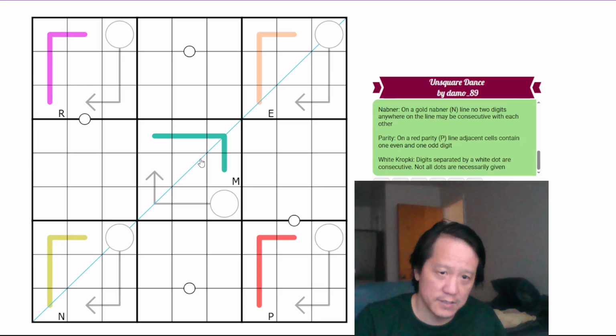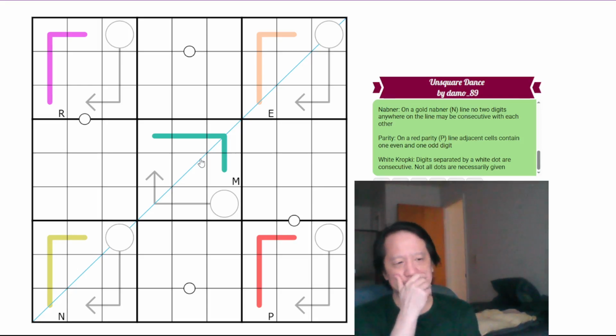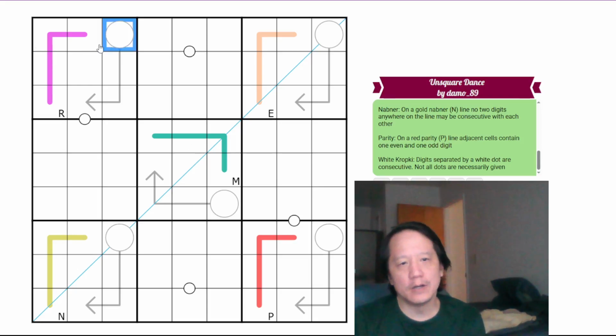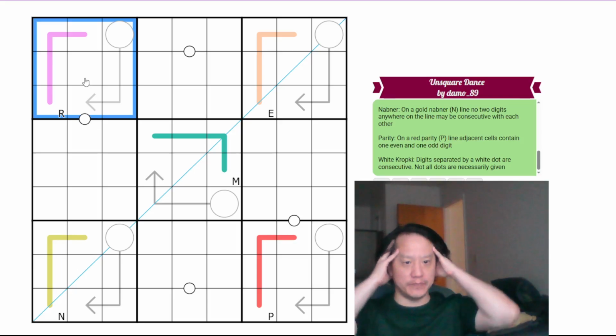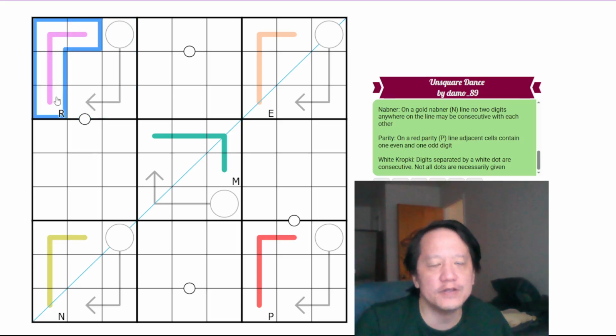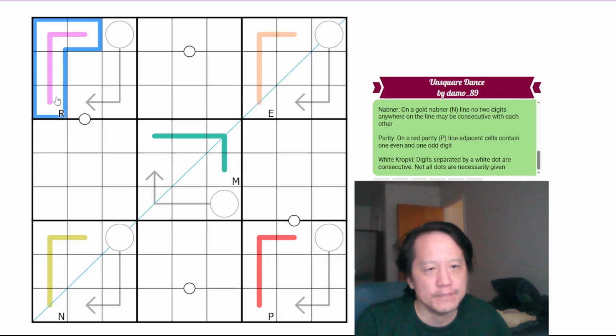Let's go. Okay. In box 1, we have 9 unique digits. And these 4 must be consecutive.